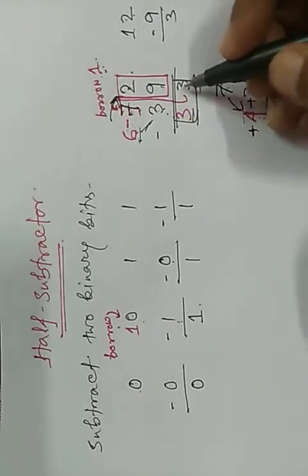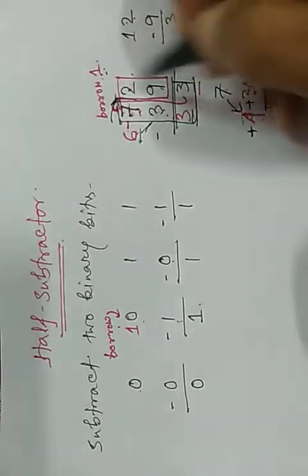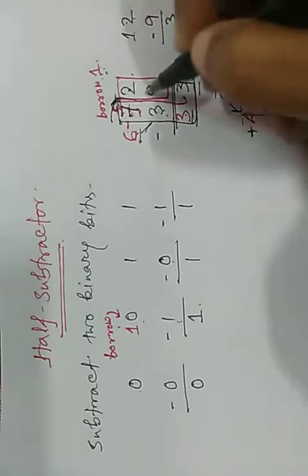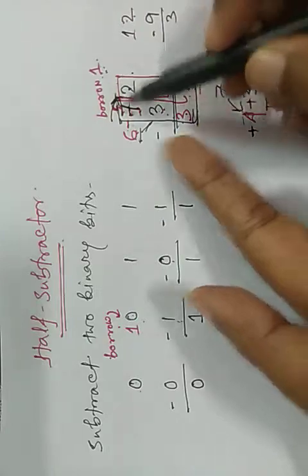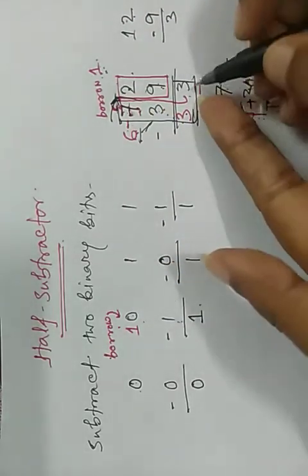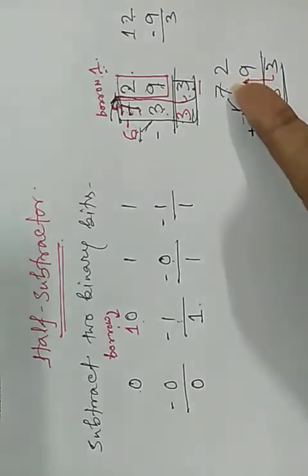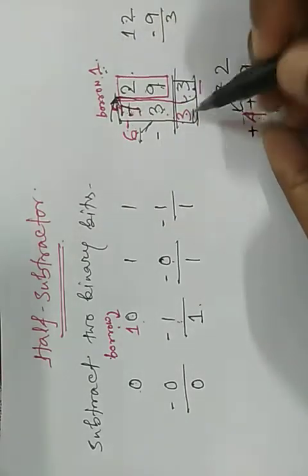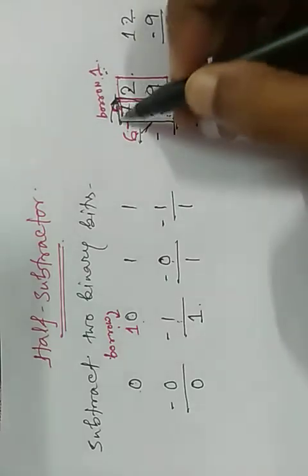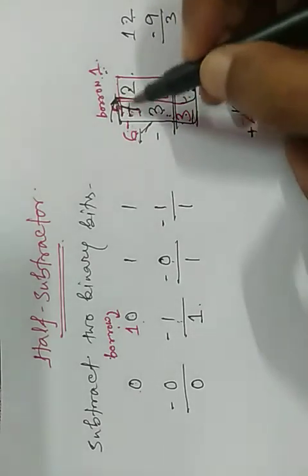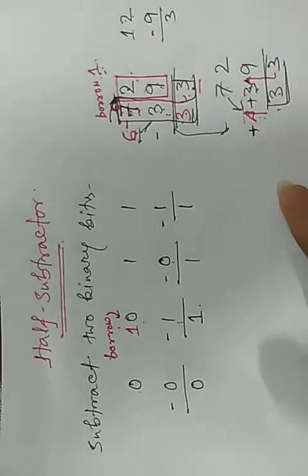So our main point is that the next stage in our subtraction process must know that one borrow is taken from here. That means one borrow has to come from the previous operation. If this 7 minus 3 does not know that 1 is borrowed, then it cannot perform either of these two operations.